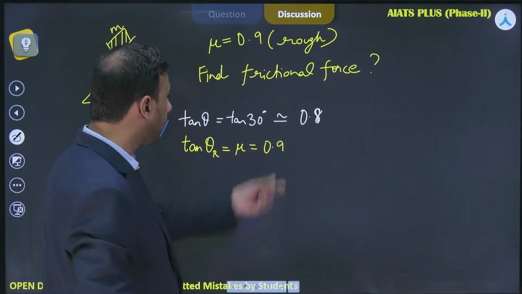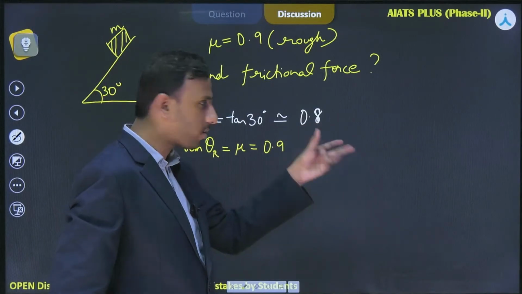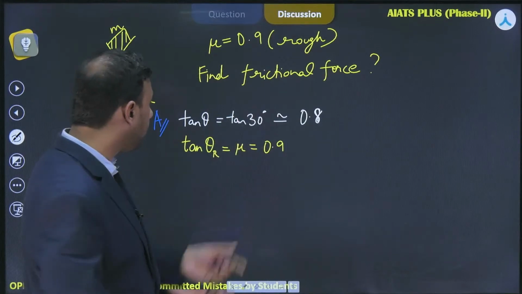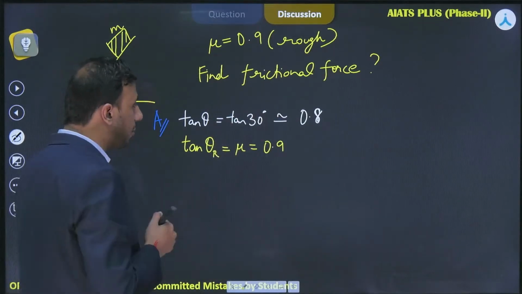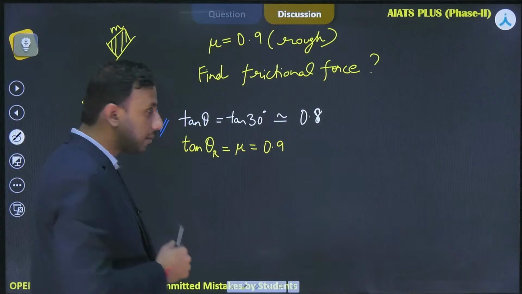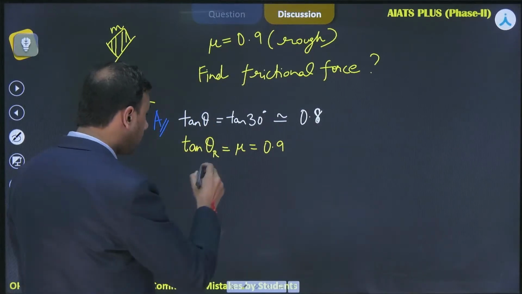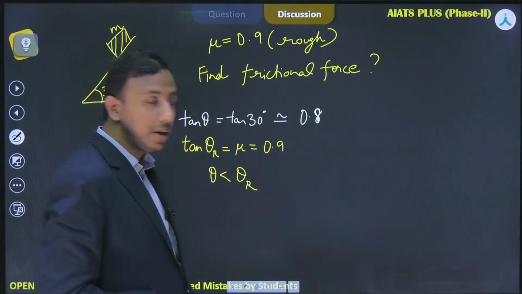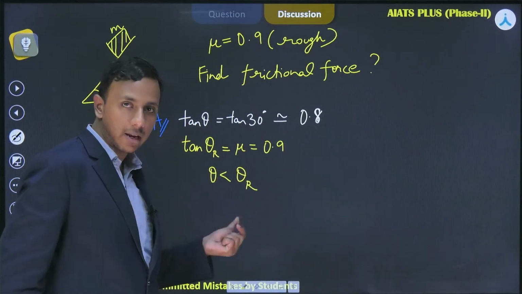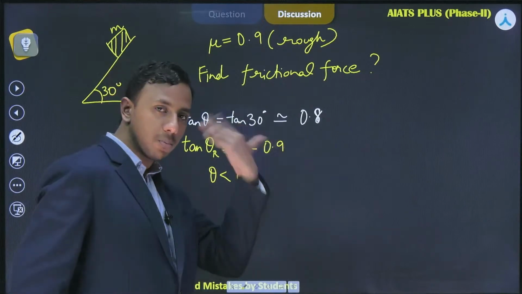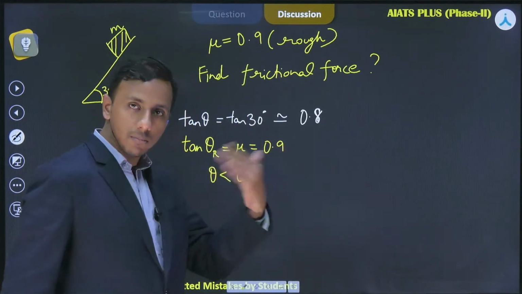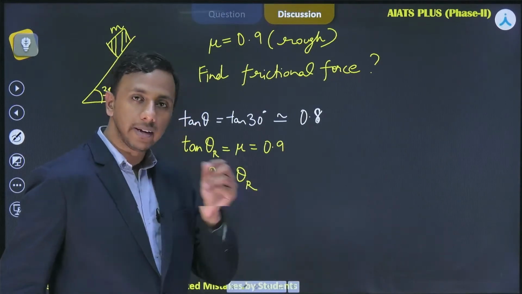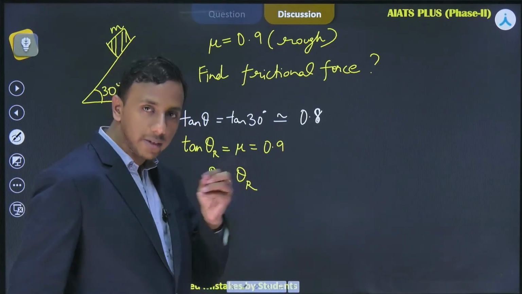Actually, it would be 0.855, but for simplicity purposes, I have taken 0.8. So now if you compare, which theta would be bigger? Theta r only, right? This theta would be smaller, so we can say theta is less than theta r. That means angle of inclination of inclined plane is not enough. If it is more than theta r, the block will slip. But right now, it's not enough. That means the block will stay at rest only.